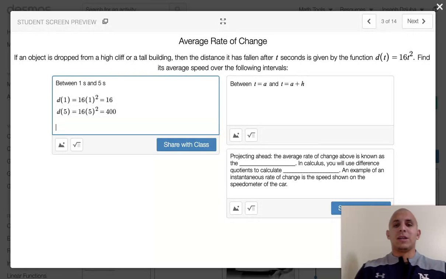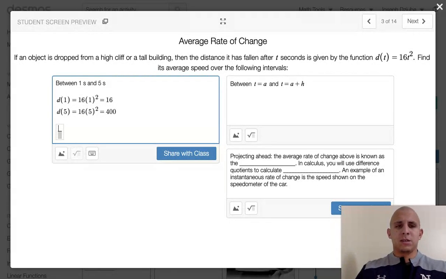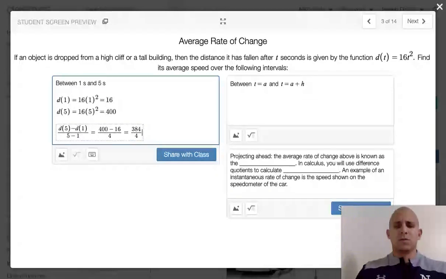And if I want to calculate its average speed, I would have to take d of 5, the difference between those two outputs, divided by the difference of their inputs. Should be 384 divided by 4, which will give us an approximate value.